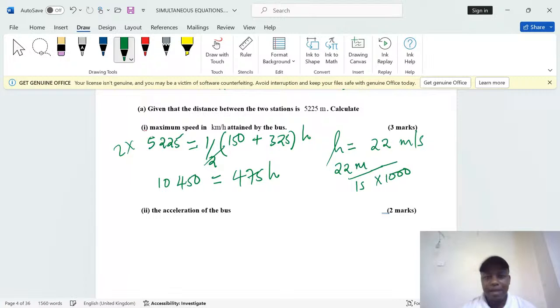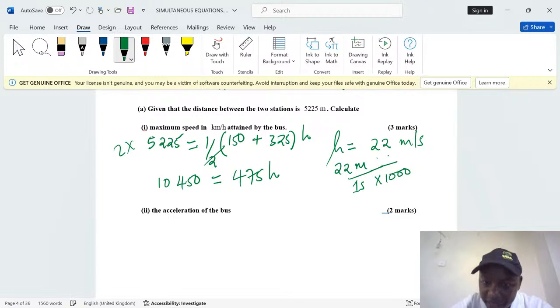And for us to change 1 second into hours, we have to divide by 3,600 seconds.